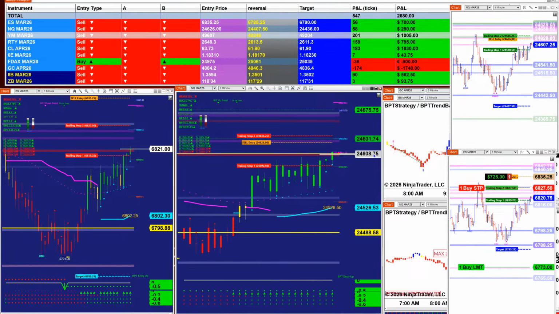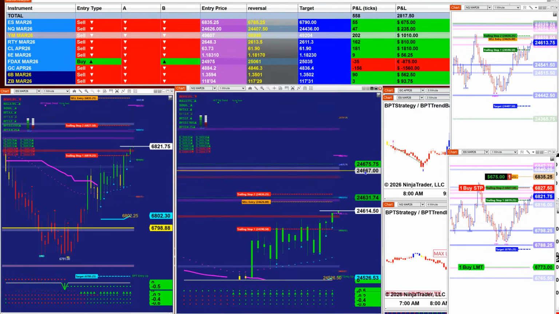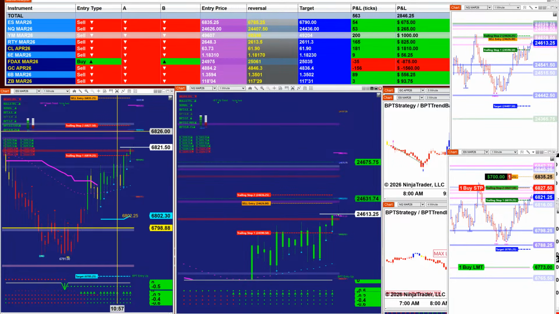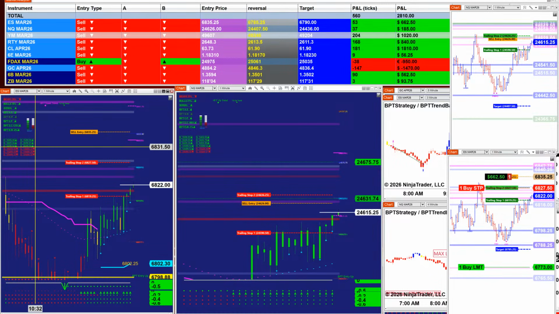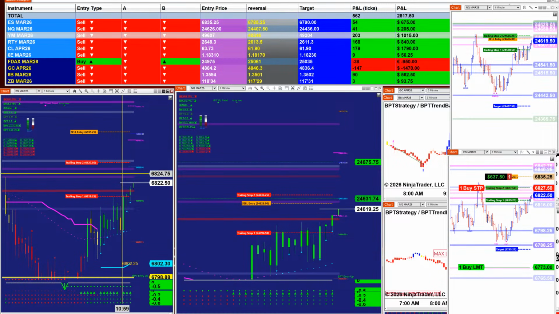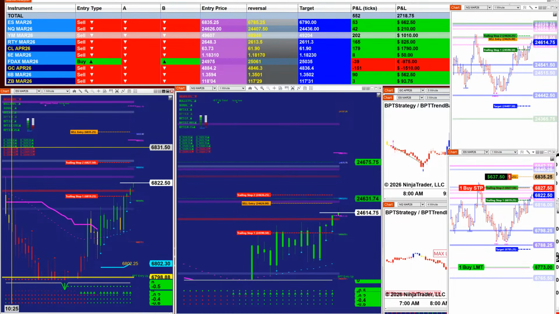Once it breaks this, we still need to break this area, and then it is long all the way. But right now we are still facing a big bridge in front of us, and the market is not strong enough to call this a long trade. It's not strong enough yet, still cooking.